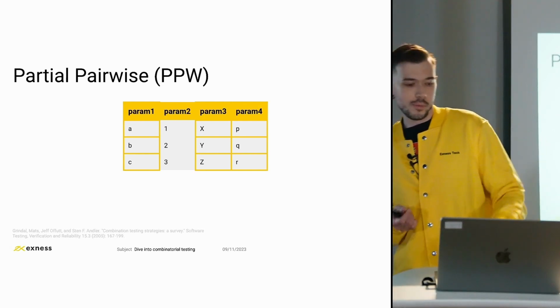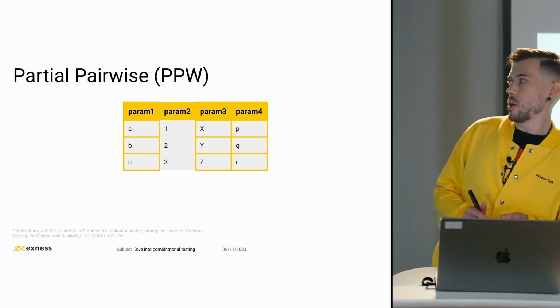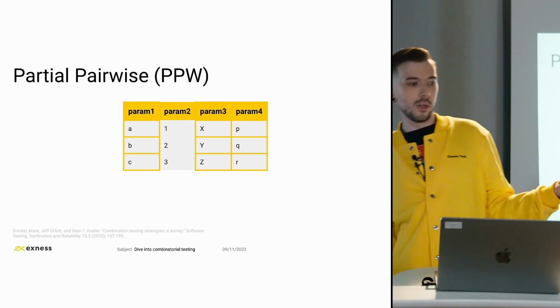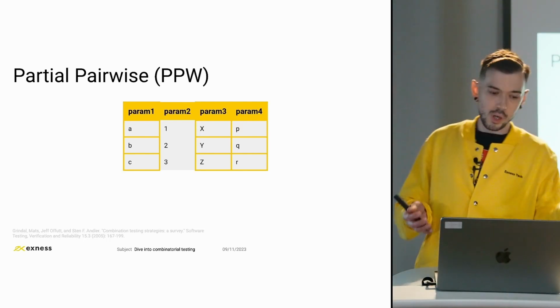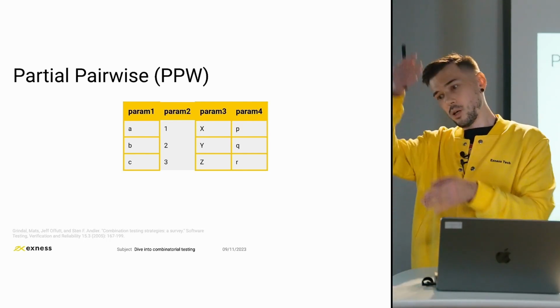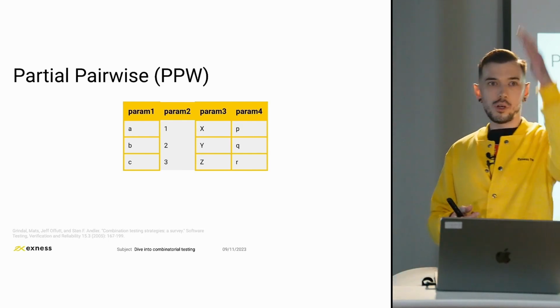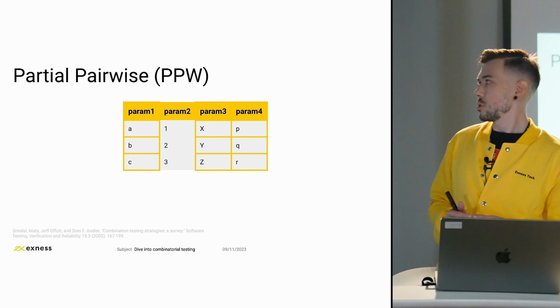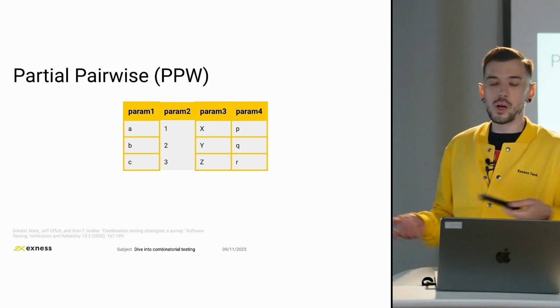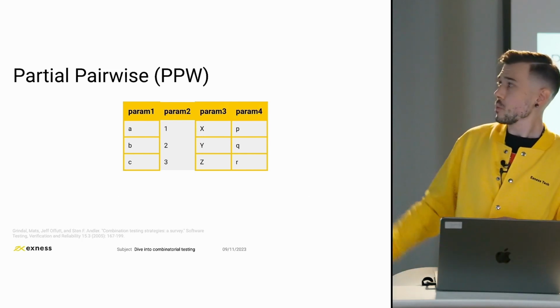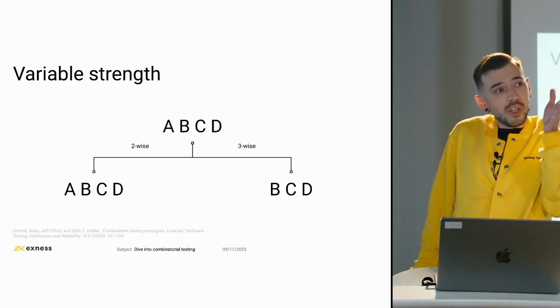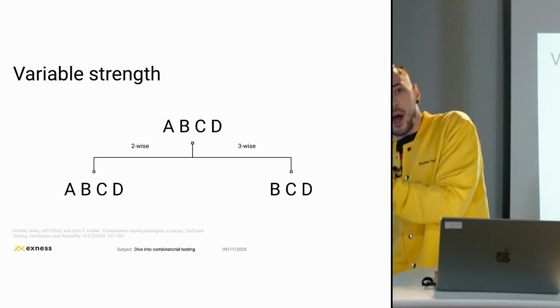Some guys suggest using partial pairwise. Say you just go with pairwise for the most important inputs, and fill the rows with one-wise. With this approach, you can get to the other side.